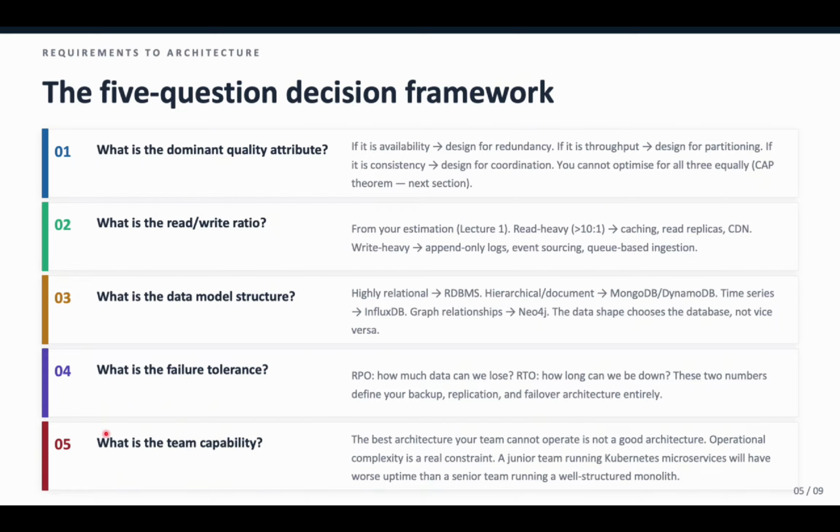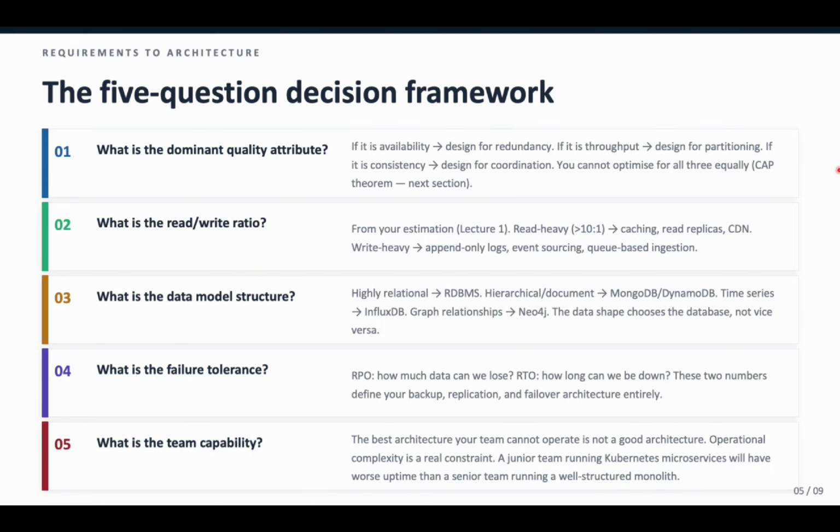Then we have question number 5, which is, what is the team capability? This is one question that most architects forget to ask, but it is the most honest question on this list. The best architecture your team cannot operate will perform worse than a simpler architecture that your team understands deeply.